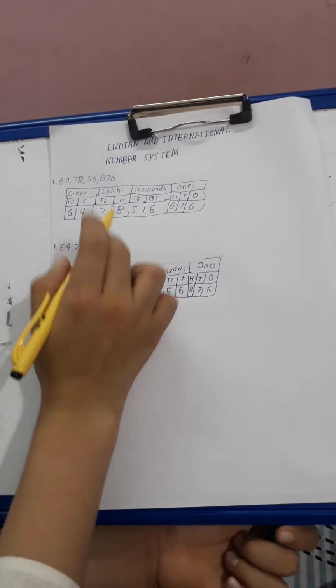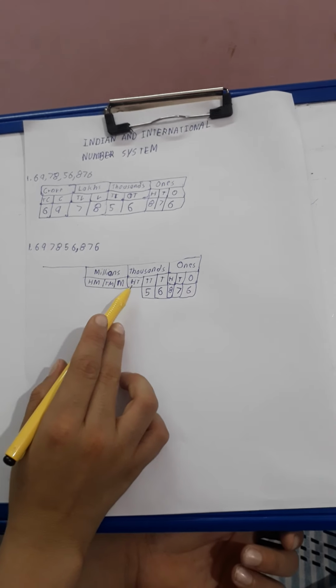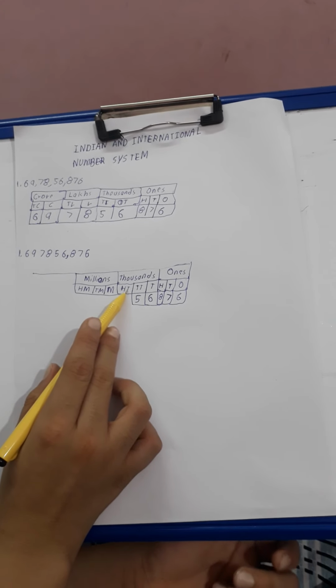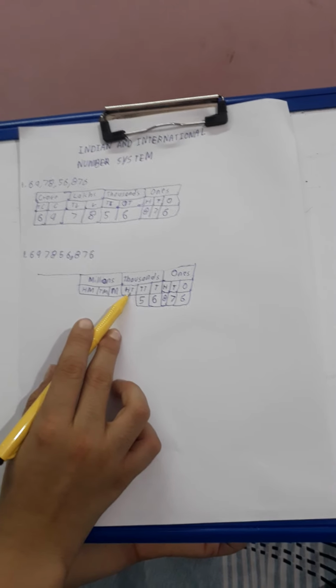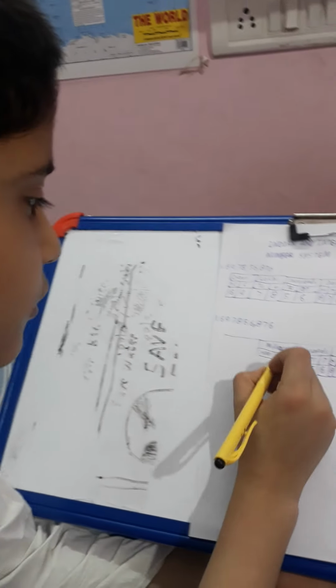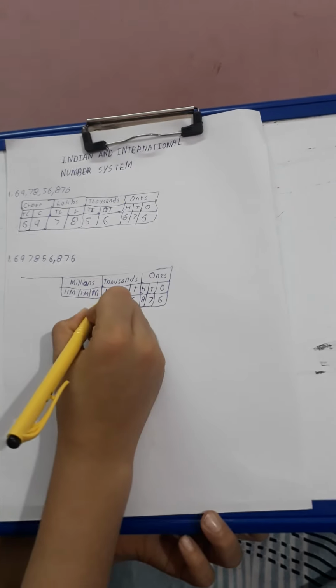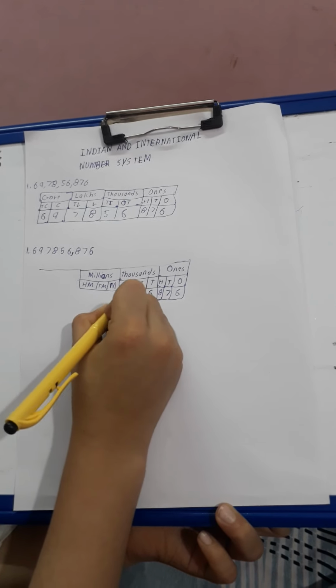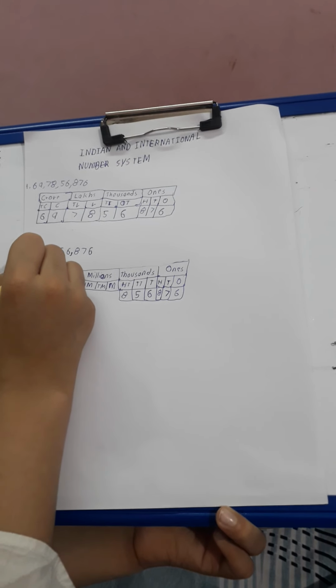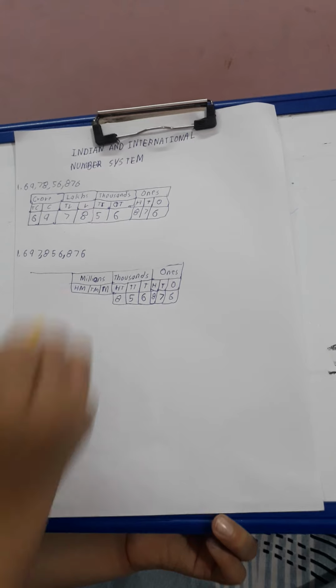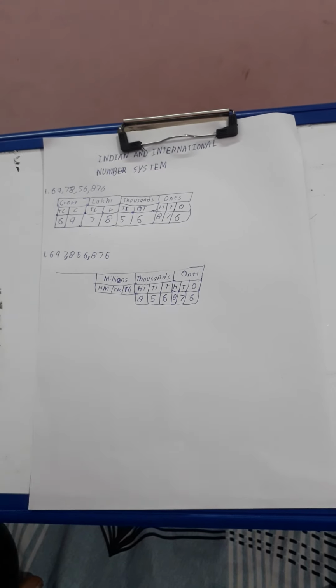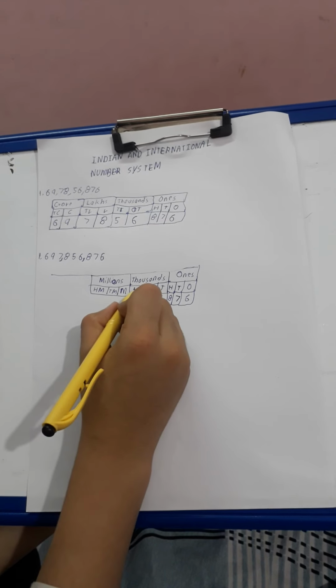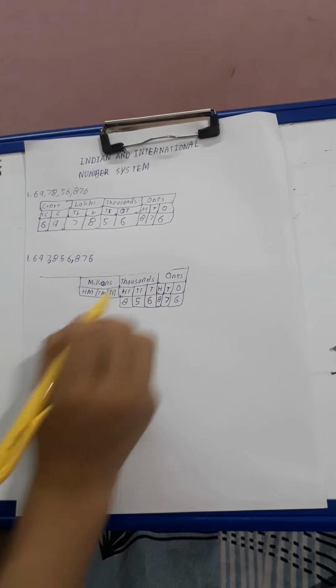Now it is the same as the Indian number system, but there is a slight difference because there is a new place called hundred thousands. The hundred thousands digit is 8. It also has 3 digits, and we put a comma here. This is the confusion point. You will think, what are hundred thousands?